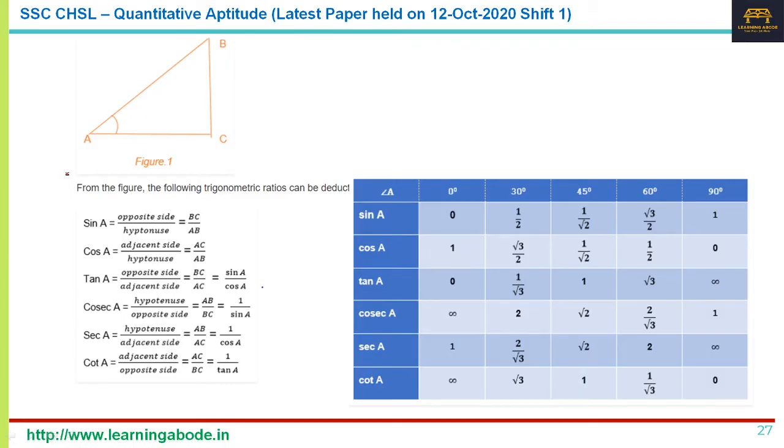So you can use this. Also, you have to remember some of the values like sine 30 is half, sine 45 is 1 by root 2, sine 60 is root 3 by 2, sine 90 is 1. This also helps to solve these questions in the CHSL paper.